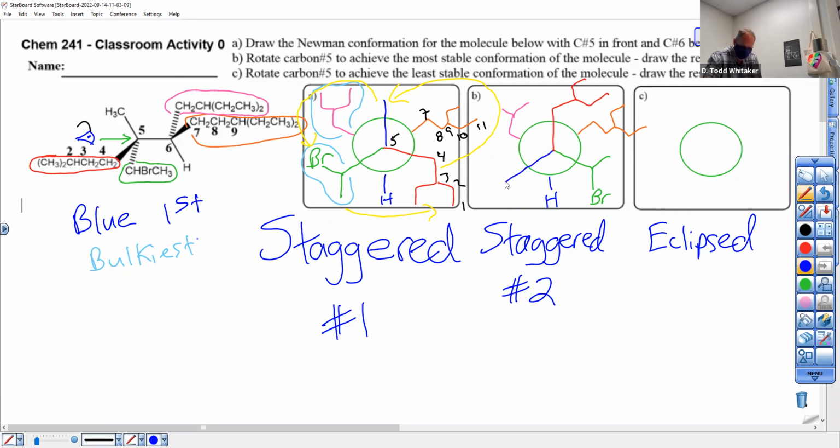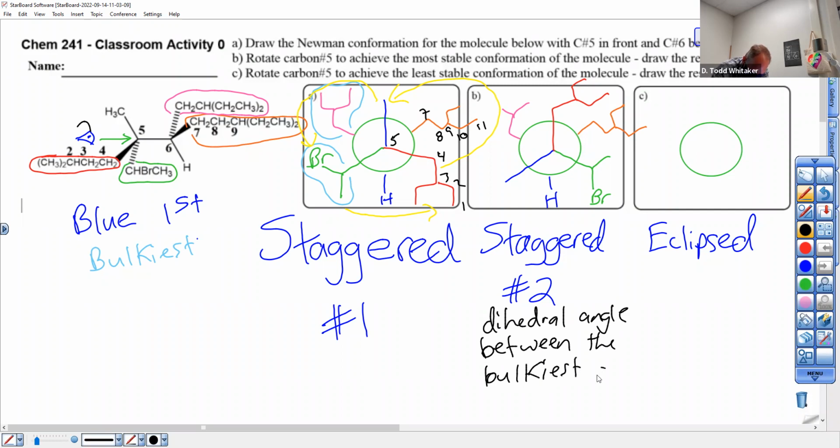So we say the dihedral angle between the bulkiest groups, give me a number. They are straight across from each other.